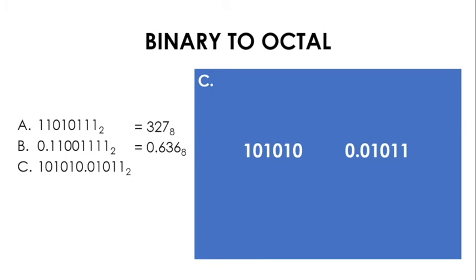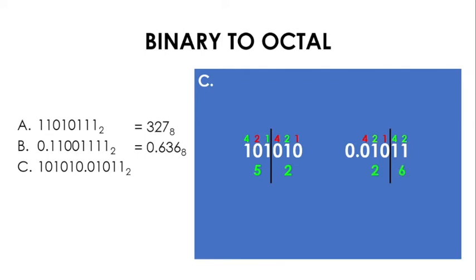For the third example, all we have to do is combine the process we did on the previous examples. So for the whole number part of the binary number, we'll be grouping them by 3 bits for each group, starting from the rightmost part to the left. And for the fractional part, we will also be grouping them by 3 bits for each group, starting from the leftmost part, the one closest to the decimal point, up to the right.